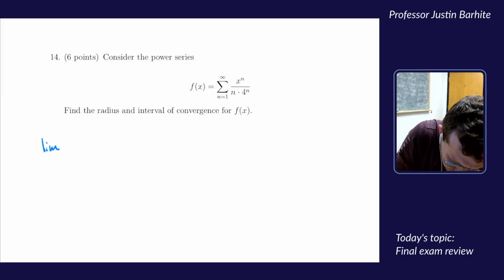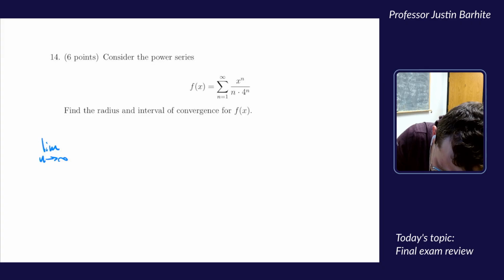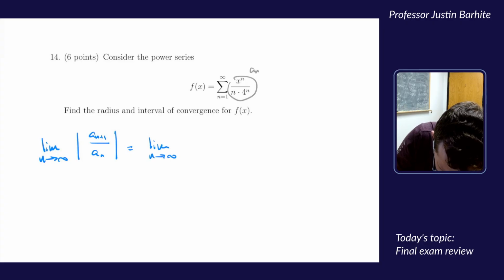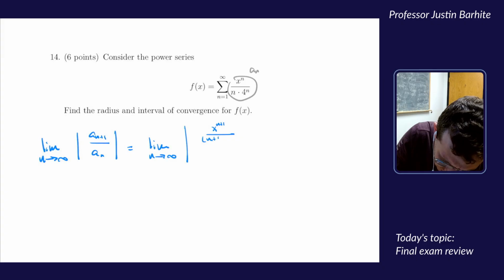So we'll look at the limit as n goes to infinity of, and let's call this term a_n, the absolute value of a_(n+1) over a_n. That gives us x to the n plus 1 over n plus 1 times 4 to the n plus 1, over x to the n over n times 4 to the n.